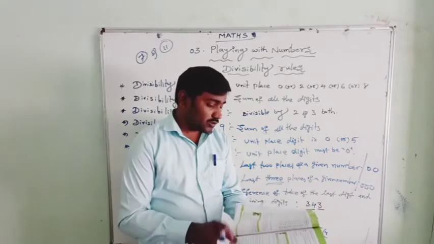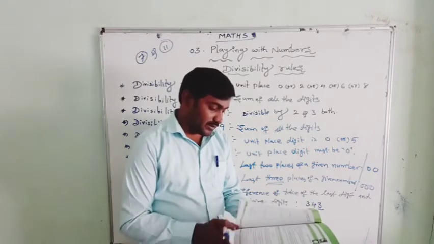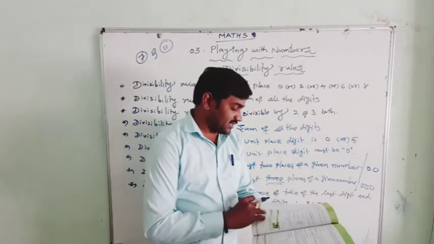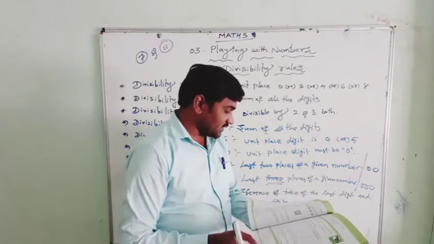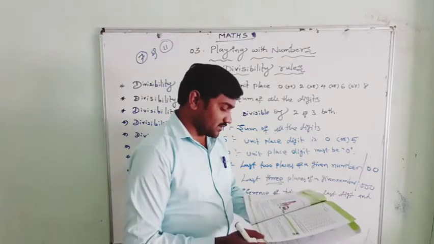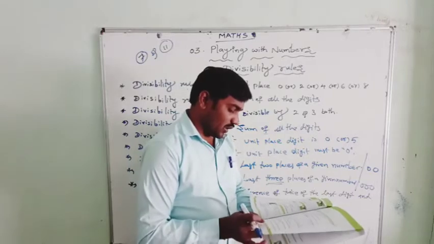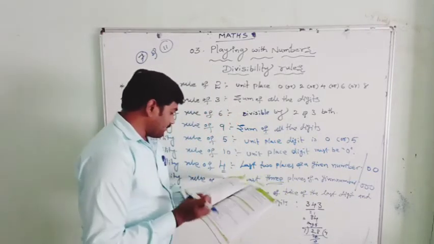So to help you understand better, let me take one example from the textbook so that you can understand whether numbers are divisible by 7 or not. Let me take one big number.